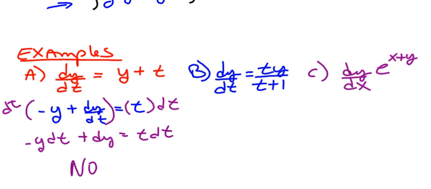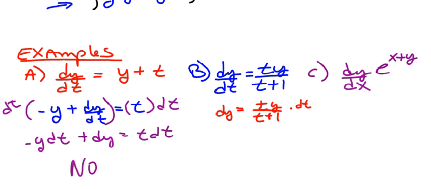If we look at B, I see something kind of messy too, but let's see if we can still separate it. So here, I'm going to multiply dt to both sides. I need to just get that y variable over.